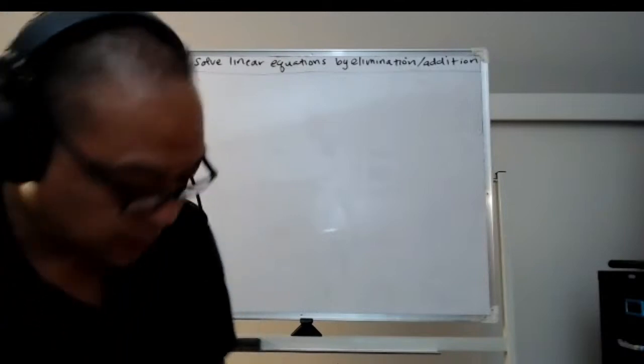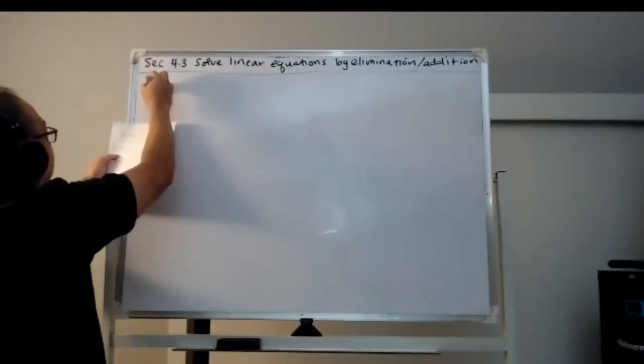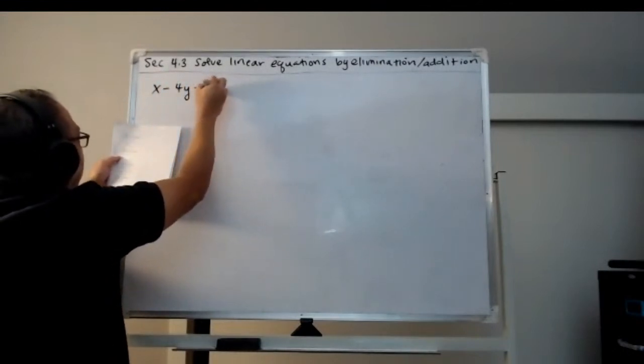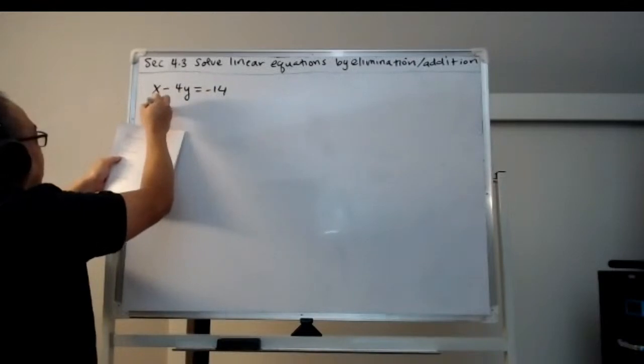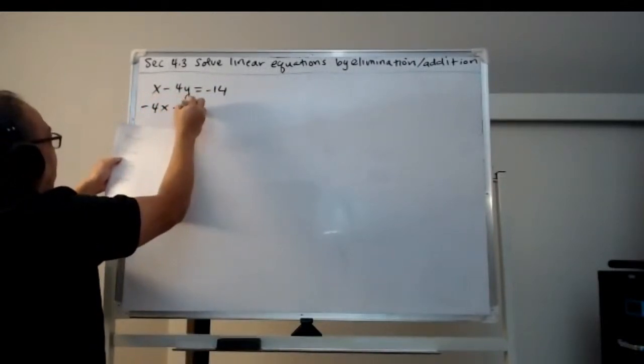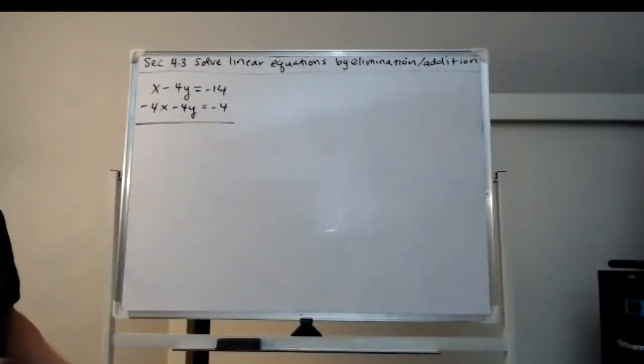Yeah, that's a good one. All right. So let's get back to this one right here. I have x minus 4y is equal to negative 14, and then minus 4x minus 4y is equal to minus 4. So we did this problem yesterday, and what we're going to do right now is sort of review what we did yesterday.